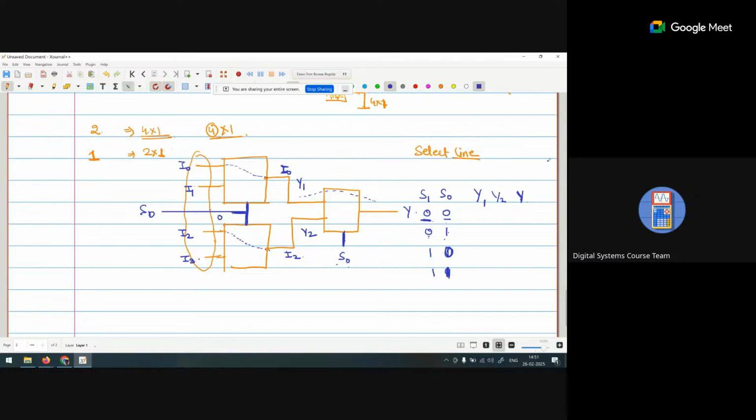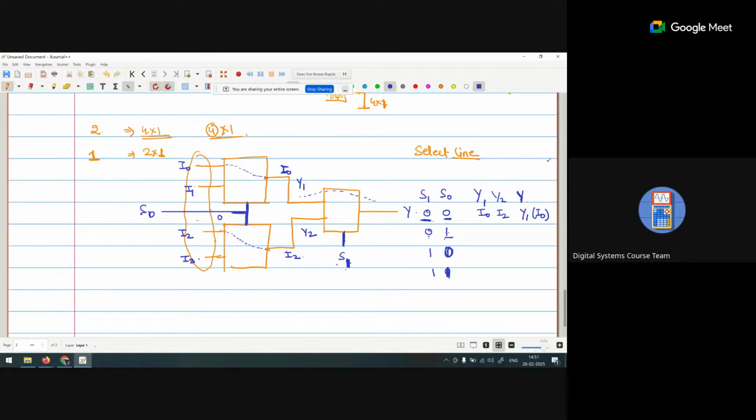Consider that this is S0 and this is S1. Now again S0 is 0, so we are getting Y1 as I0 and Y2 as I2. Y is I0, because S1 is also 0, and Y is nothing but Y1, and that is I0.